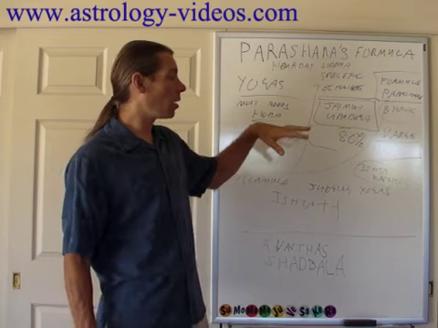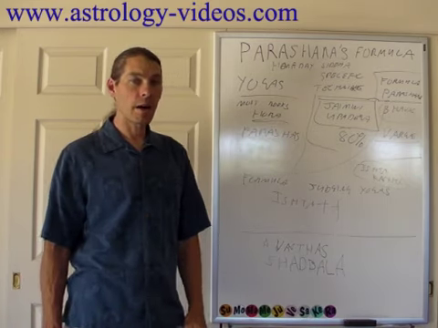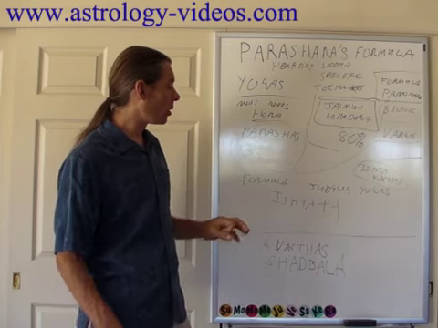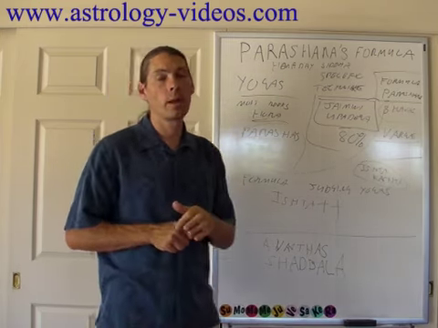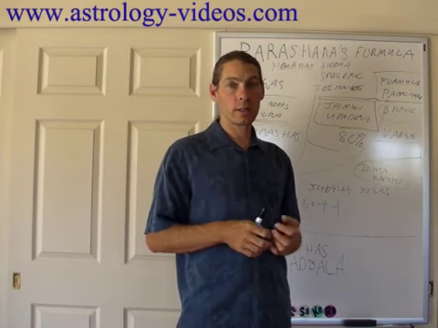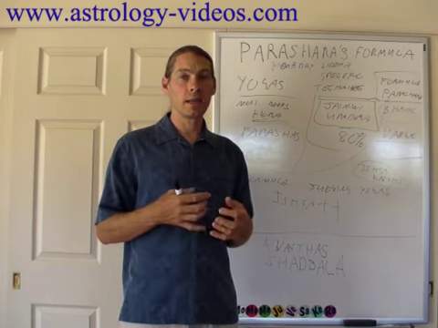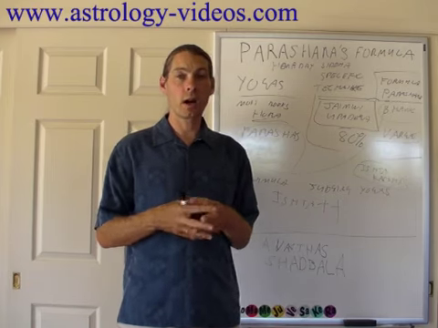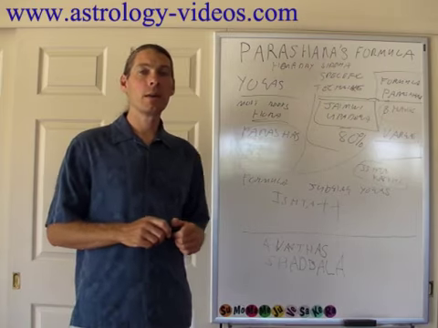So this course is also going to have a lot of Varga information in it. Alright? So those are the two things we're going to learn here as we learn all about Parashara's formula for reading the horoscope, understanding and using yogas, and making predictions for the concrete things in our life via the planets and the bhavas. Okay? Thank you.